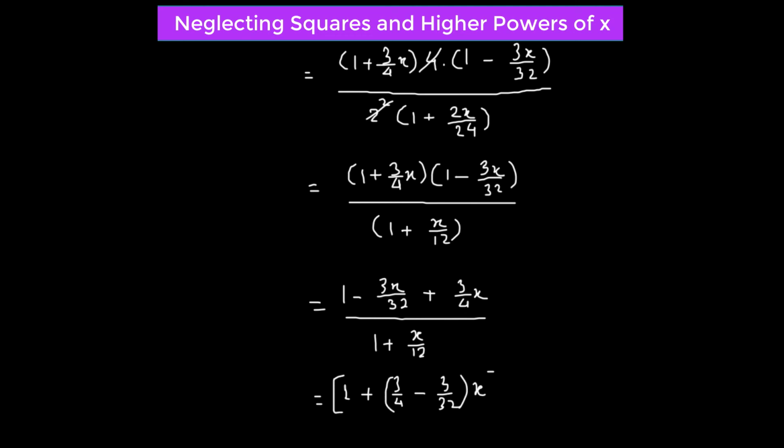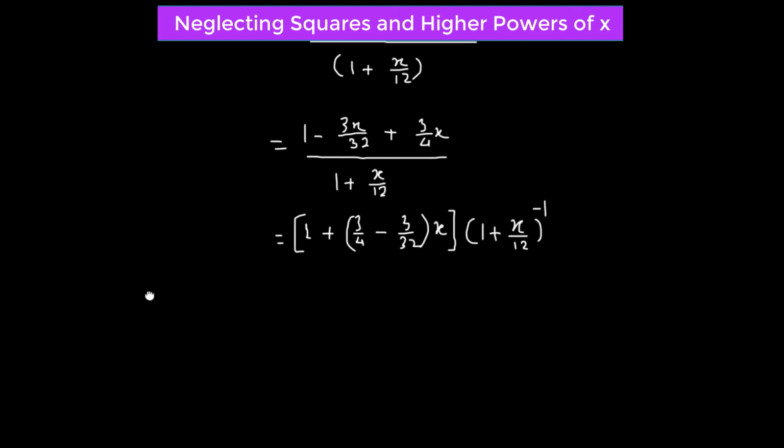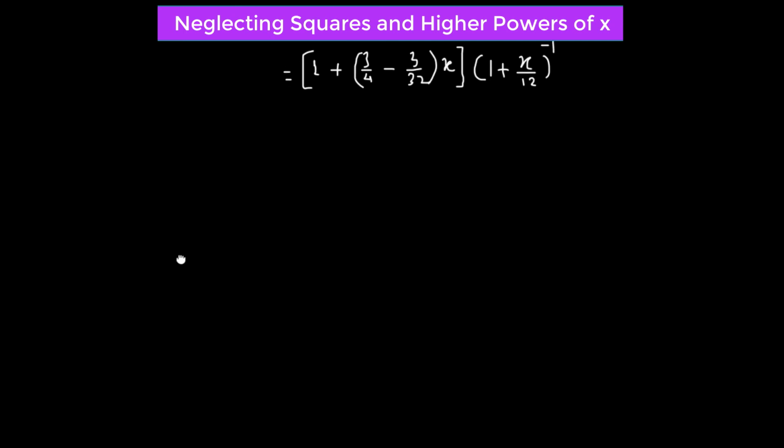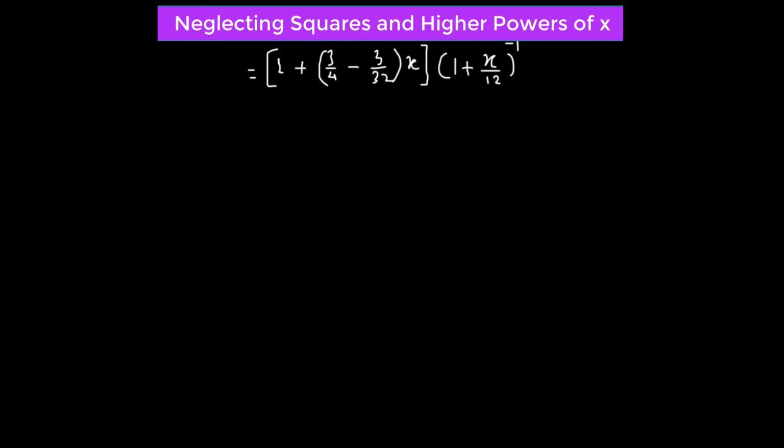then we take the term in the denominator and bring it up to the numerator. So we have 1 plus x over 12 raised to the power of negative 1. So this should give us 1 plus 21 over 32 times x.